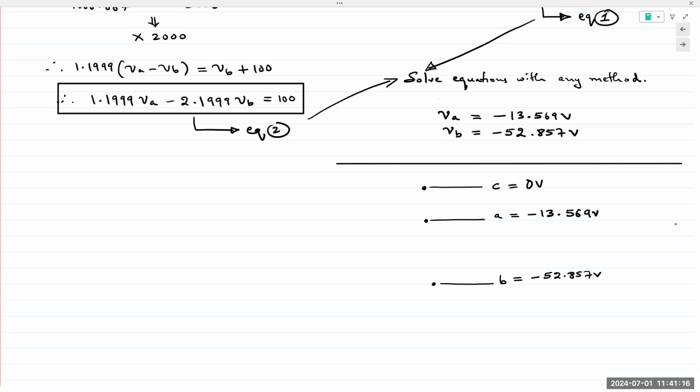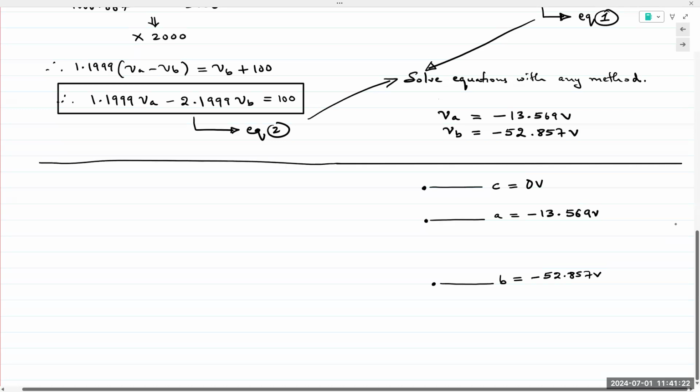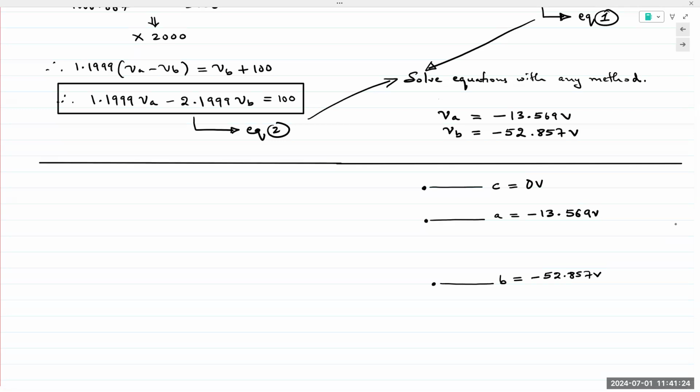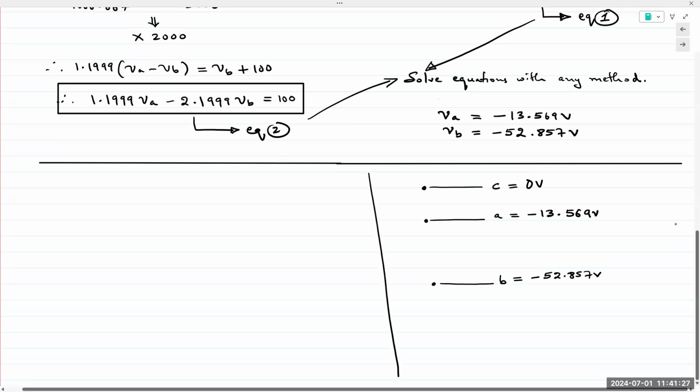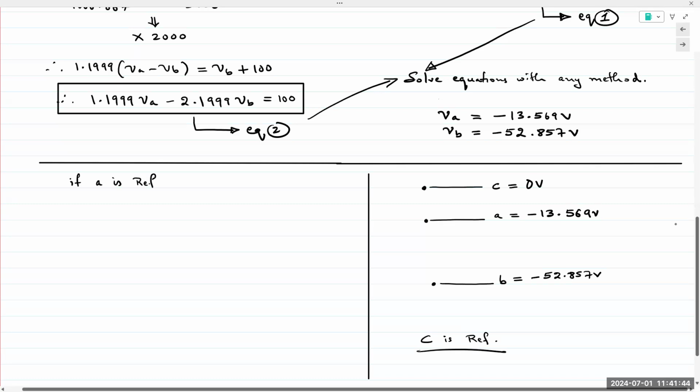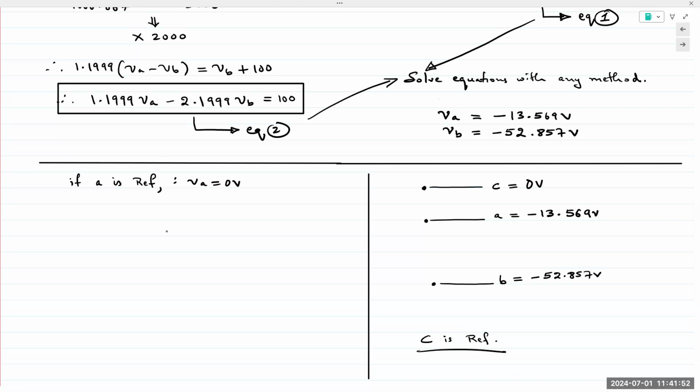Then I would like to point out, if A is the reference, then VA is 0 volts. So in that case, my diagram still remains the same.